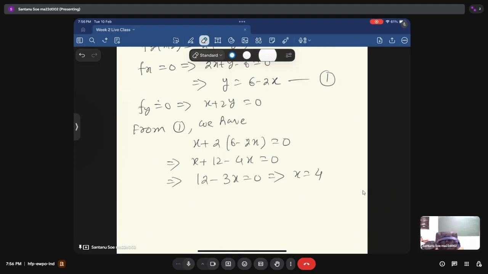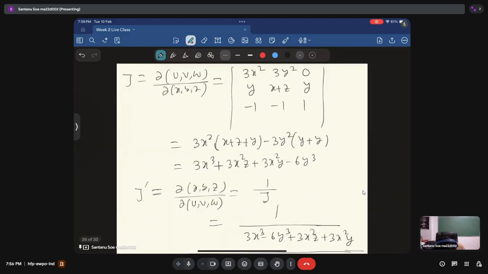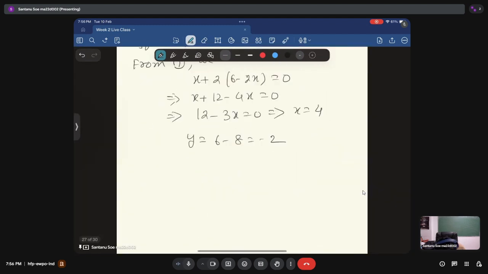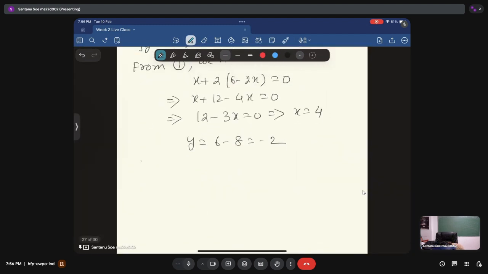So x equals 4 will imply y equals 6 minus 8, so this is minus 2. And this will imply that (4, -2) is a critical point of f.